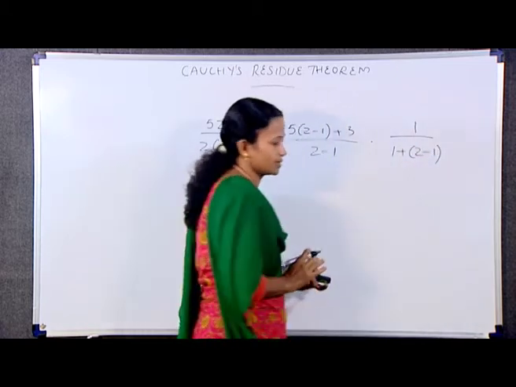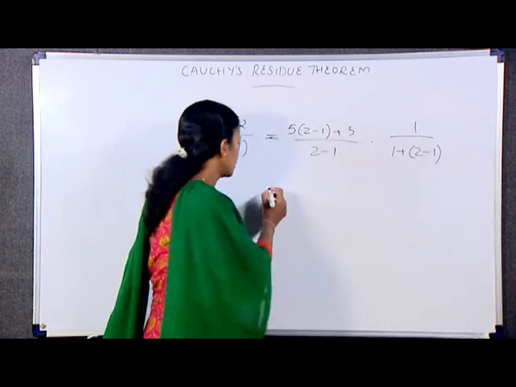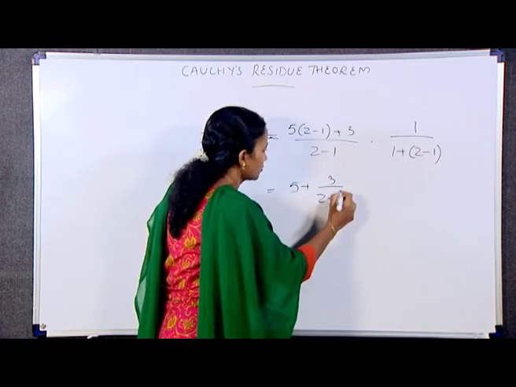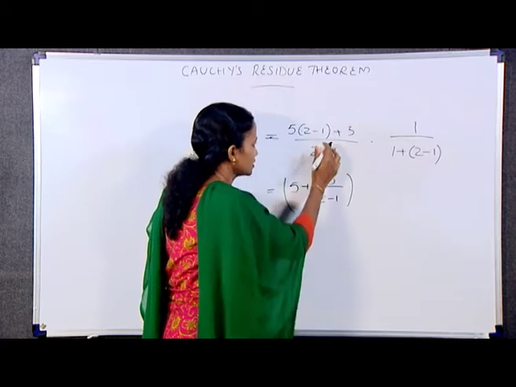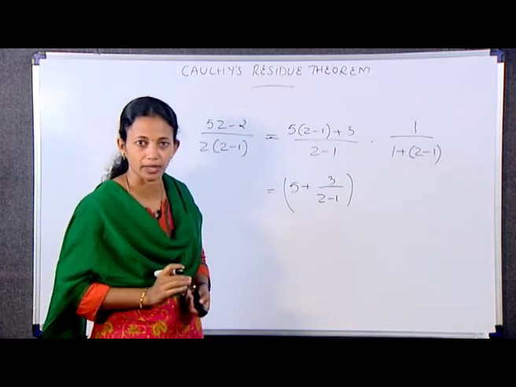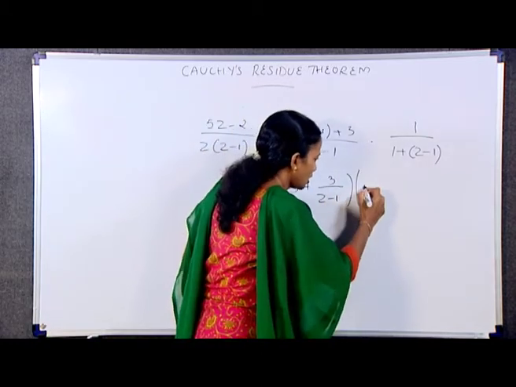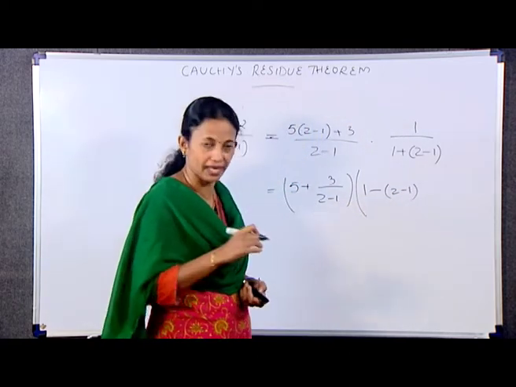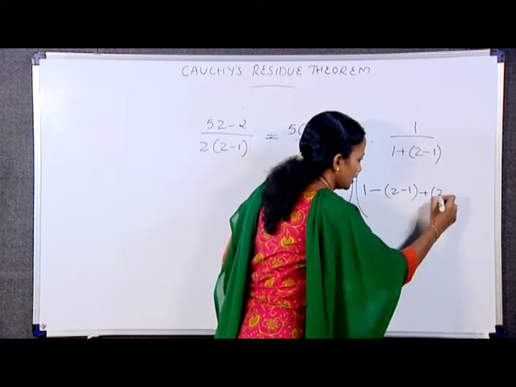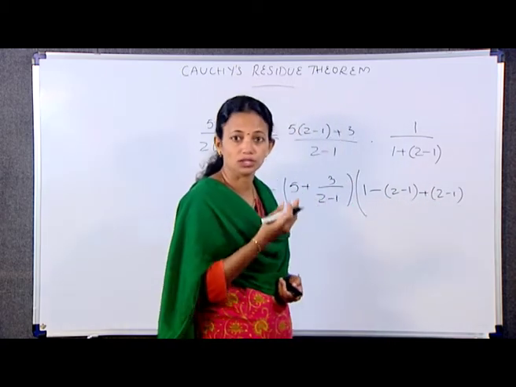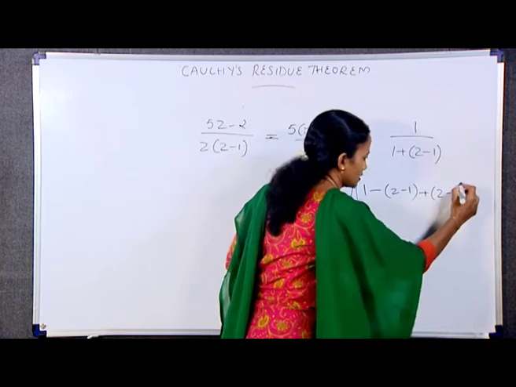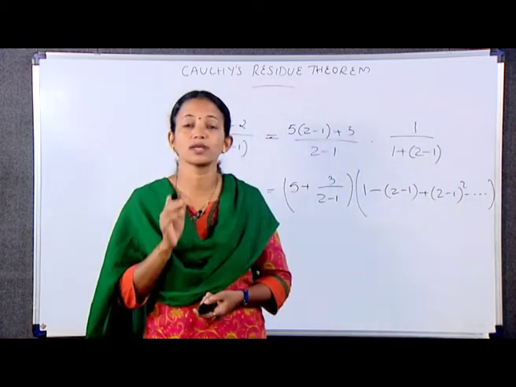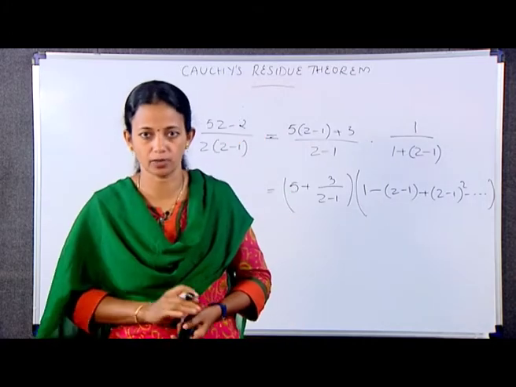So it becomes 5 plus 3 by (z minus 1), that is dividing throughout by (z minus 1), into (1 minus (z minus 1) plus (z minus 1) whole square minus etc.), when 0 is less than mod z minus 1 less than 1.